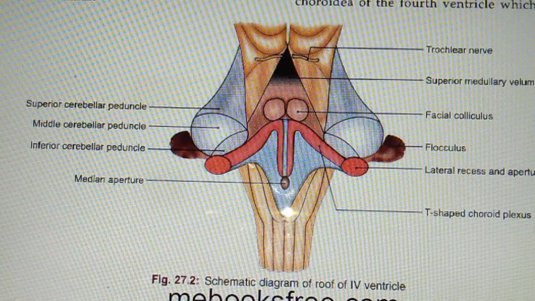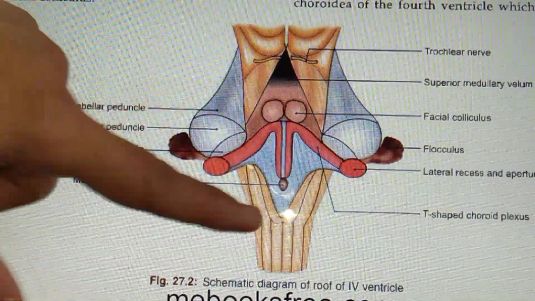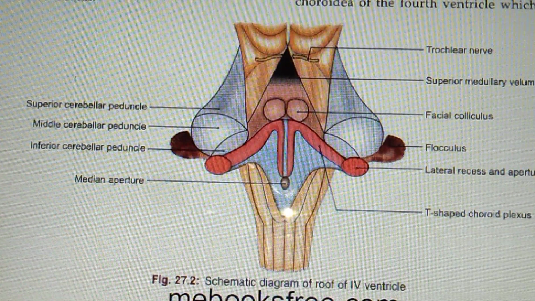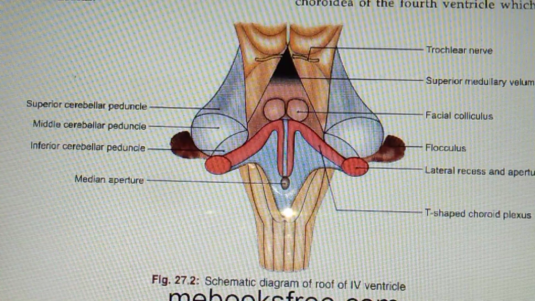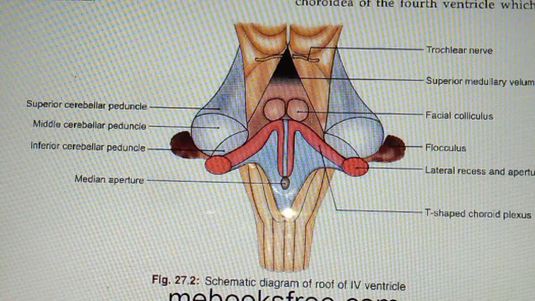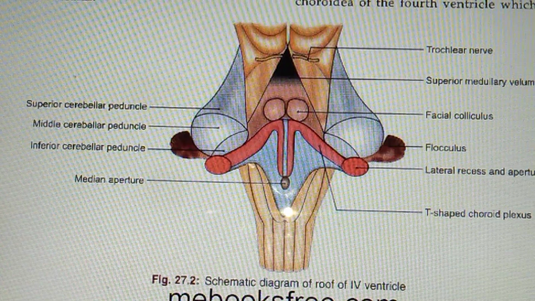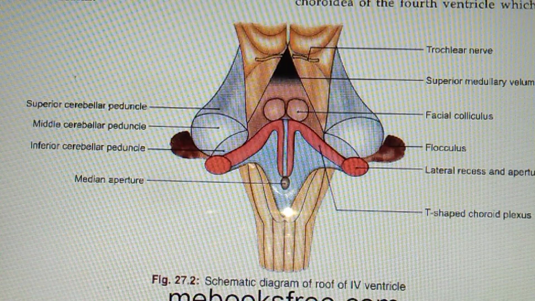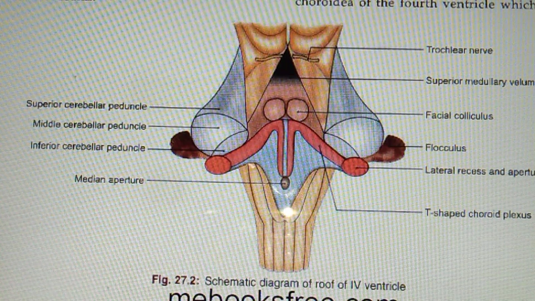The caudal or the inferior part of the roof, here you can see, in most of its extent consists of an exceedingly thin sheet entirely devoid of nervous tissue and formed by the ventricular ependyma and a double fold of the pia mater, the tela choroidea of the fourth ventricle, which covers it posteriorly, right?